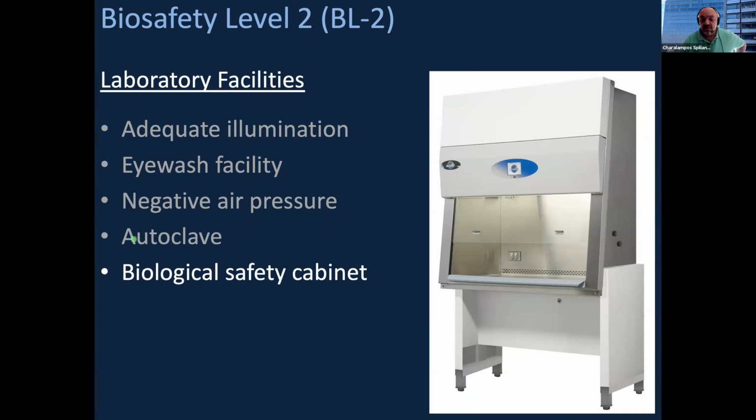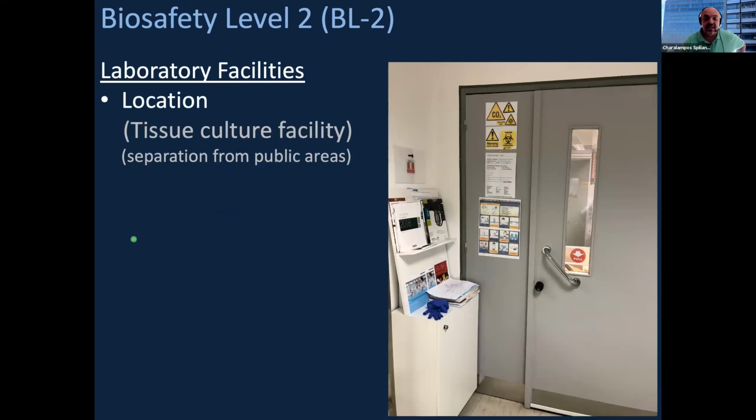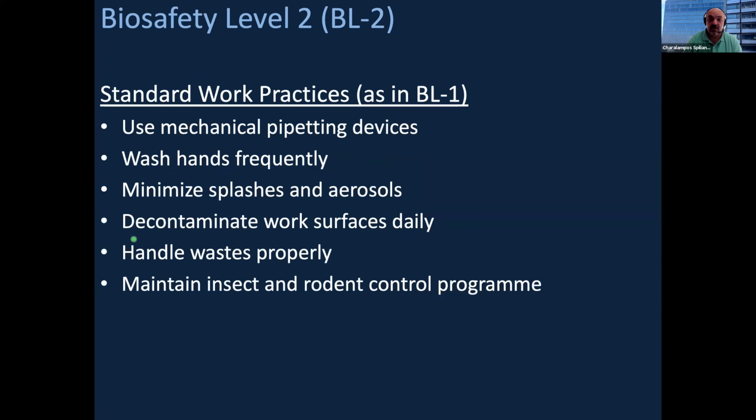And of course, we do have biological safety cabinets. As I said, you're gonna find them in the tissue culture rooms, specialized rooms actually, where we grow either human or other species cell lines. So there are, as I said, specially designated such spaces in order to perform experiments with tissue culture.